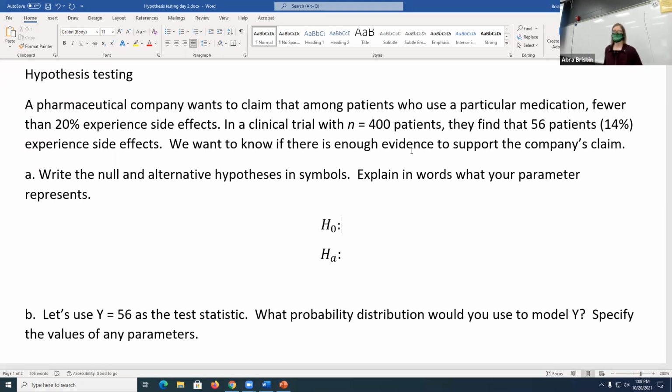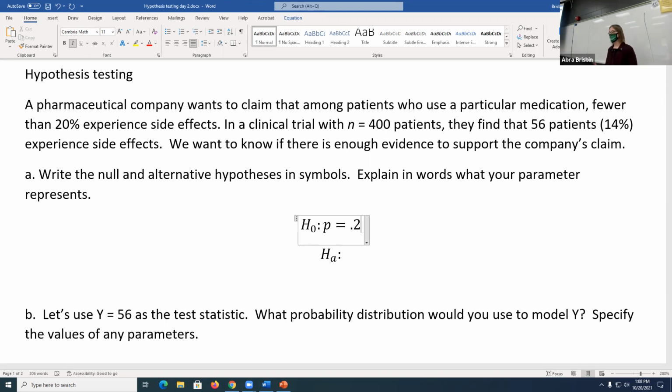All right. So what should I put for my null hypothesis here? Sam, you want to give it a go? That sounds good.